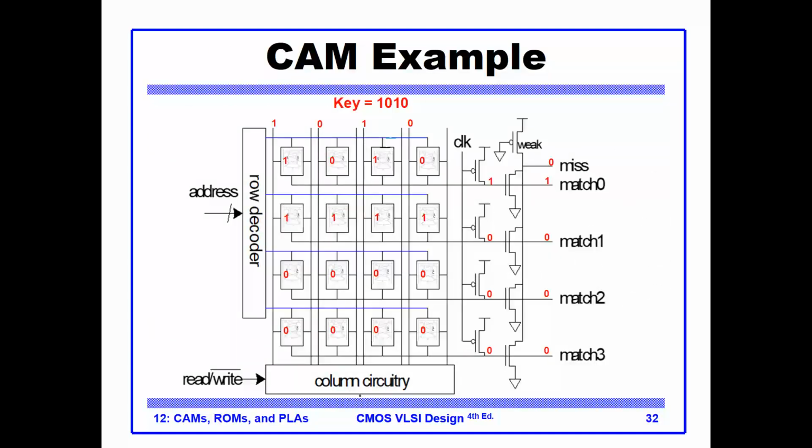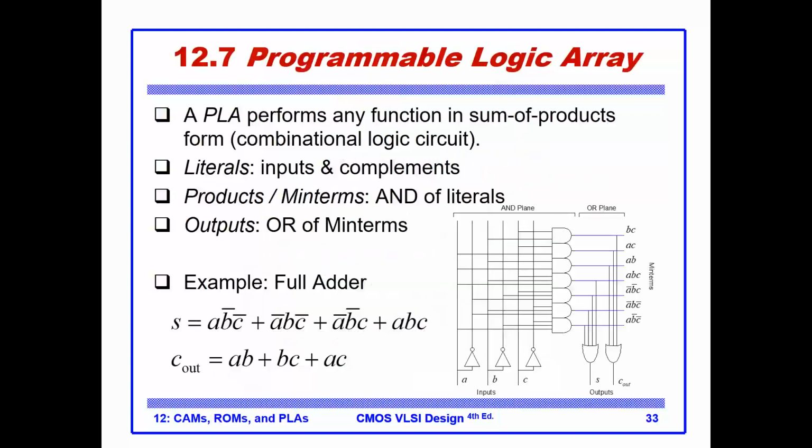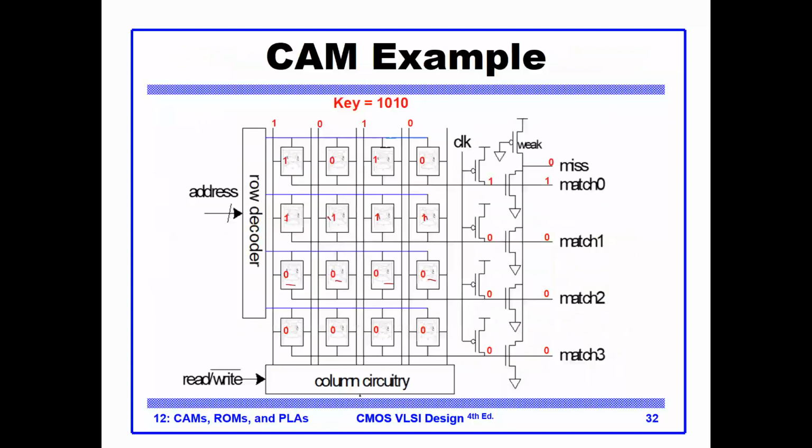Suppose I have a key of 1010, and suppose the value of the first word is 1010, the value of the second word is 1111, the value of the third word is 0000, and the fourth word is 0000. In this case, we will see that there is a match at 0. The match 0 goes to 1. Why? Because the key matches word 0.